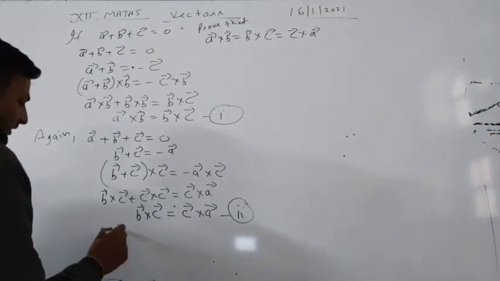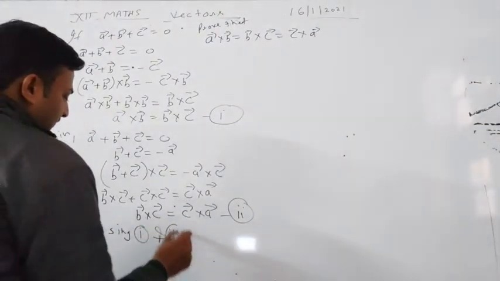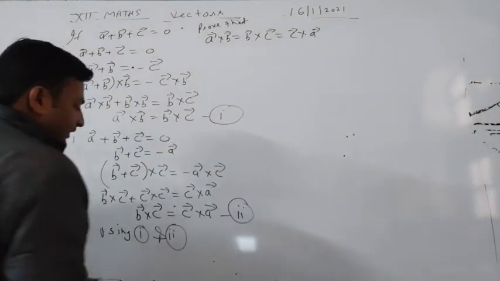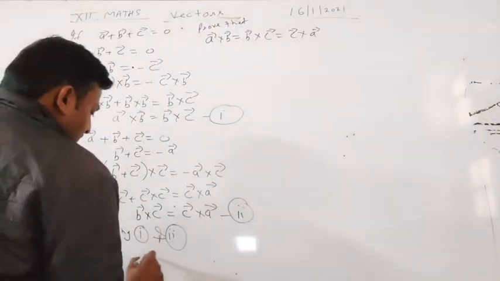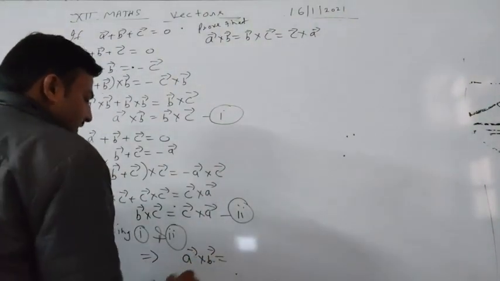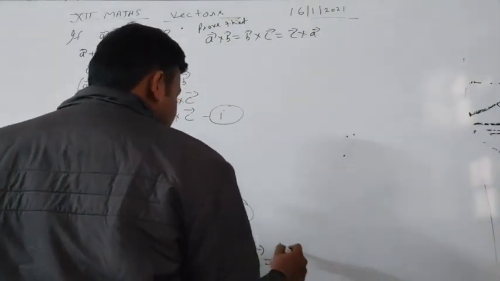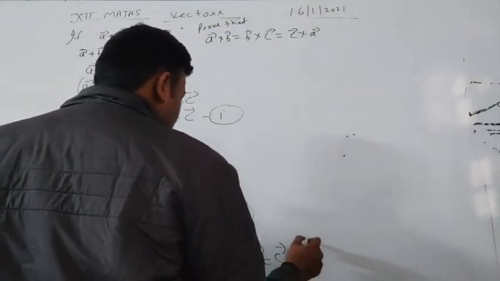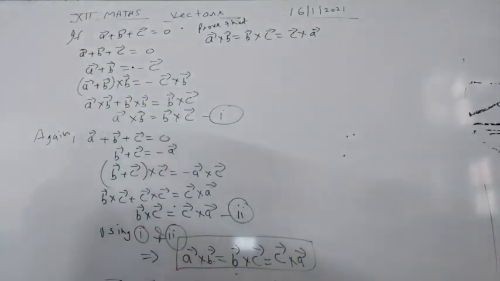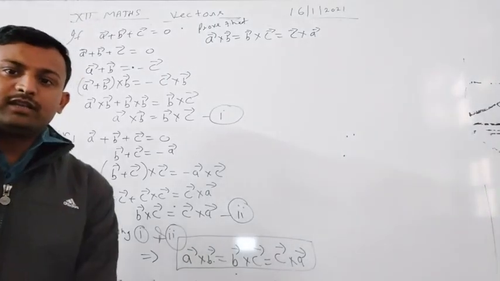Using equations first and second, A cross B is B cross C and B cross C is C cross A. So this implies A cross B is equal to B cross C is equal to C cross A. So our result is this.